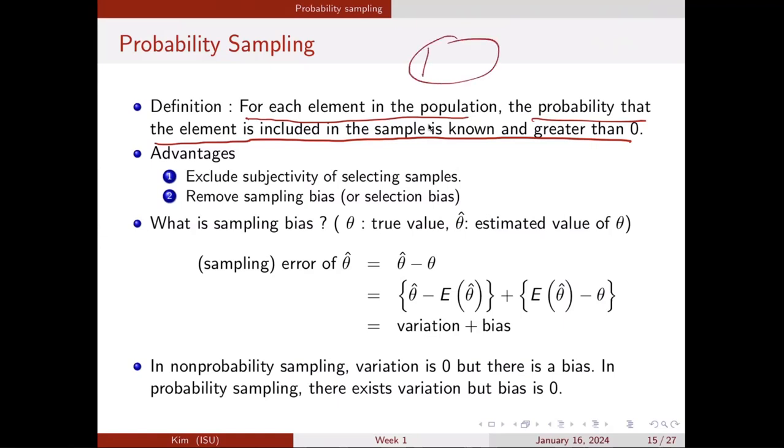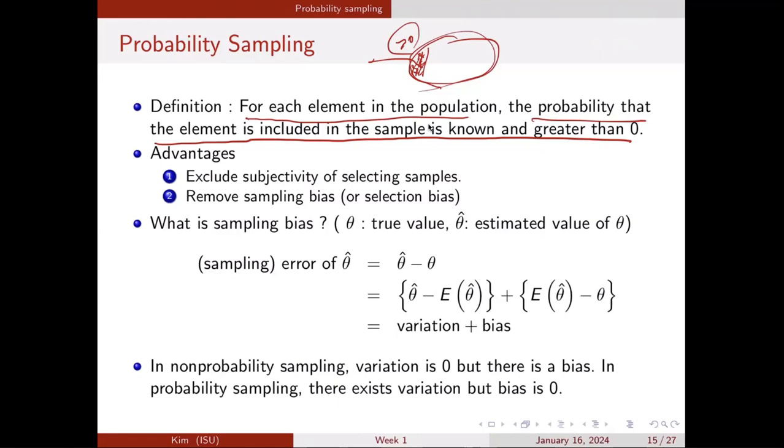If a certain portion of the population is never selected, then how can we estimate the total, right? So that's impossible. So one of the minimum conditions is that we should have a certain positive probability, even though it's small, that every element in the population can be included in the sample. Okay.